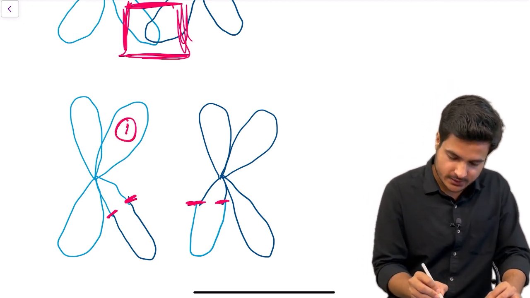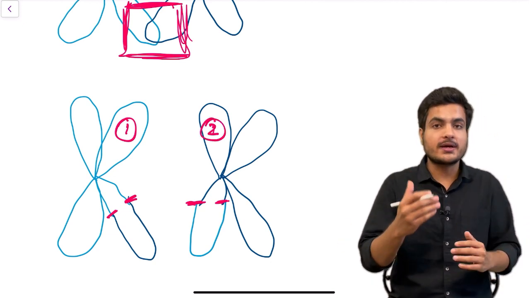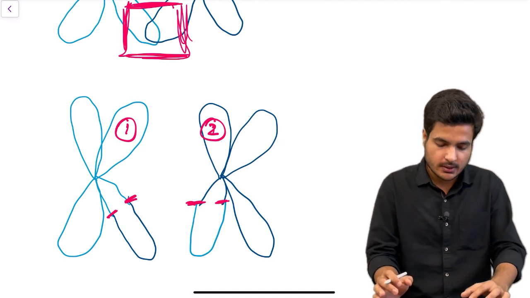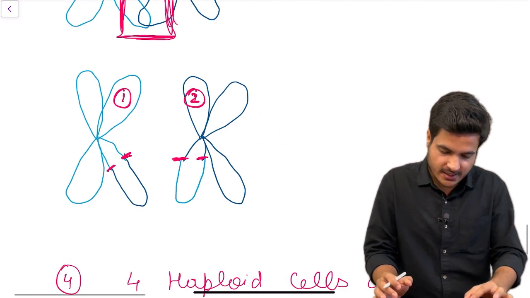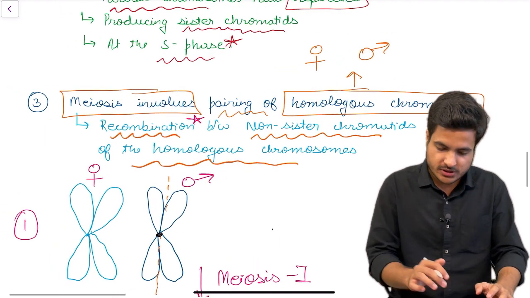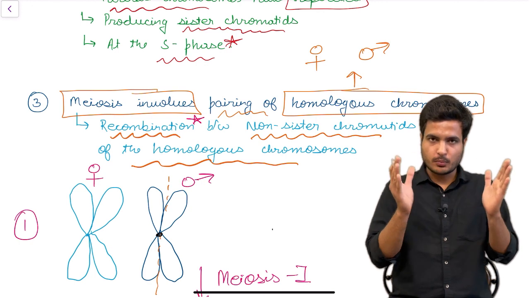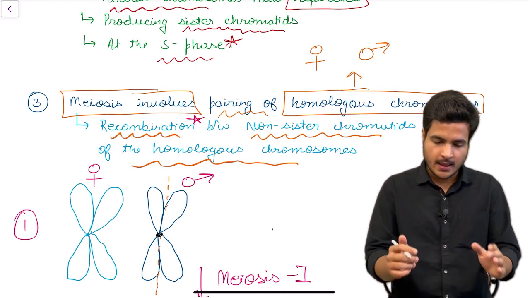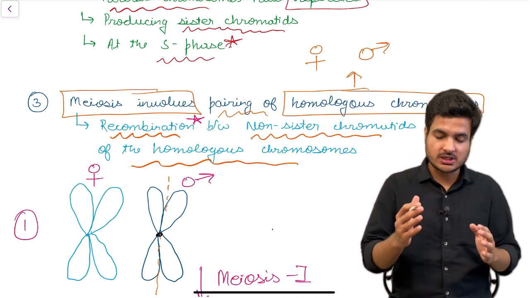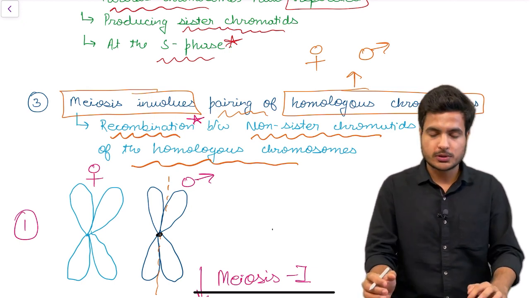These two chromatids, 1 and 2, are non-sister chromatids because they are not attached to each other at the centromere. So DNA has been exchanged between the non-sister chromatids. This is the line written here: meiosis involves pairing of homologous chromosomes, like chromosome number 1 from both parents coming together, and there occurs recombination between the non-sister chromatids of the homologous chromosomes.